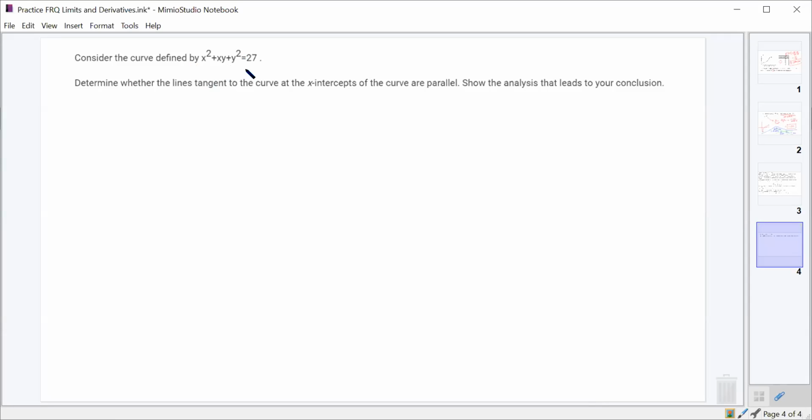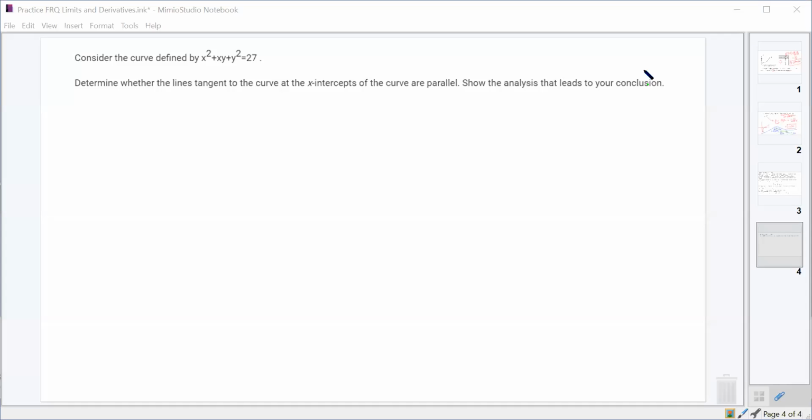And we want to determine if the lines tangent to the curve at the x-intercepts of the curve are parallel to each other, and then show our analysis that leads to our conclusion. So I'm going to give you guys a couple of minutes, probably 4 minutes or so. 4 or 5 minutes ought to be more than enough for that, I would hope, but I'll check back in a couple. So give this a shot and see what you come up with.